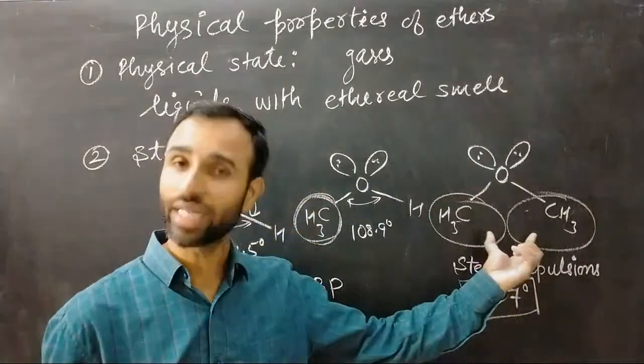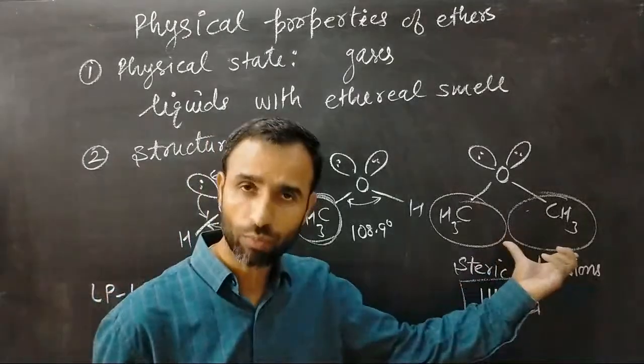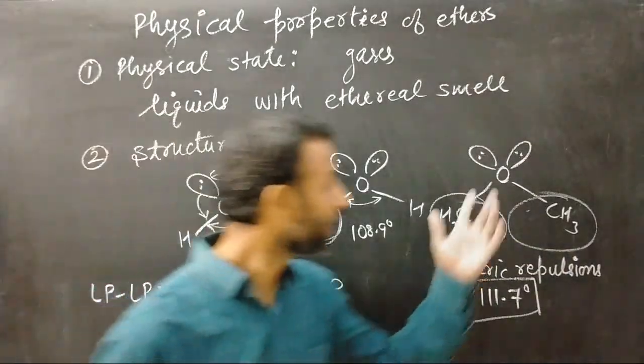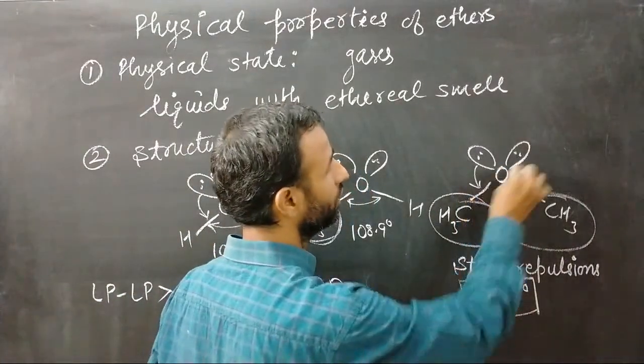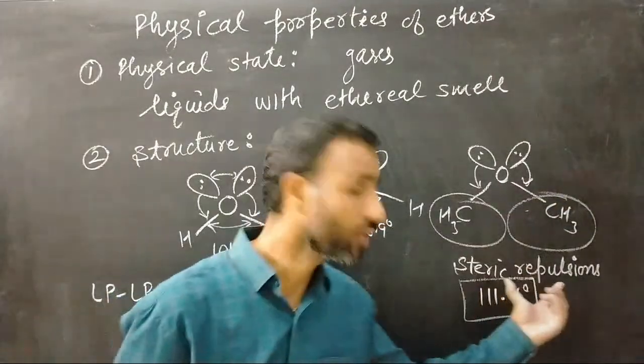Because steric repulsion due to two alkyl groups, or two methyl groups, is more than the repulsion from the lone pairs. Means steric repulsion is dominating.